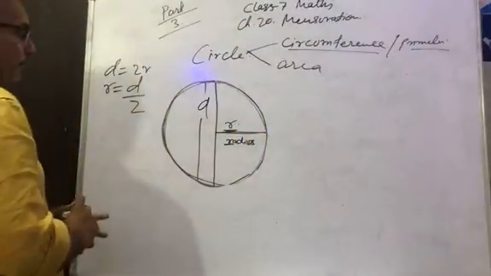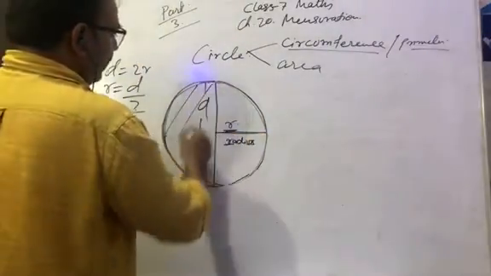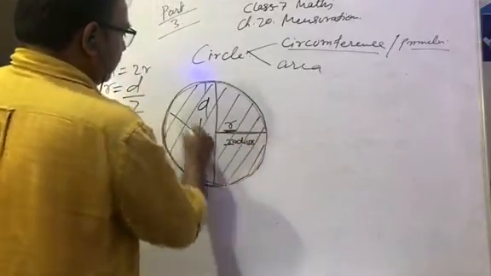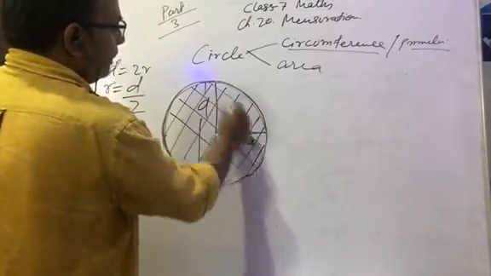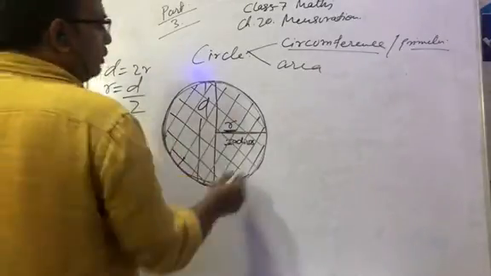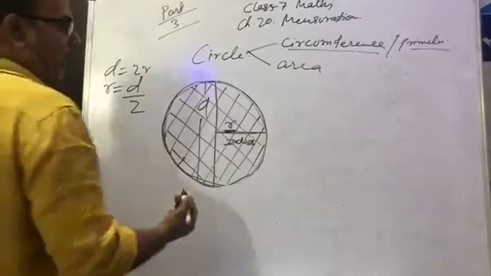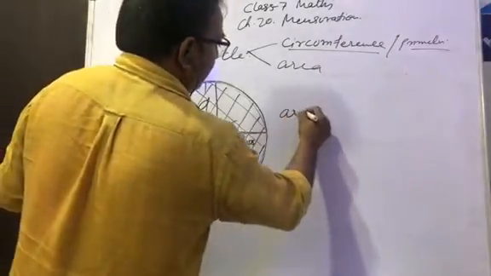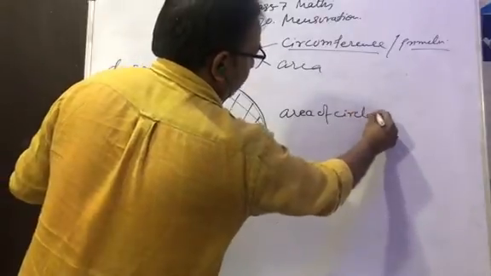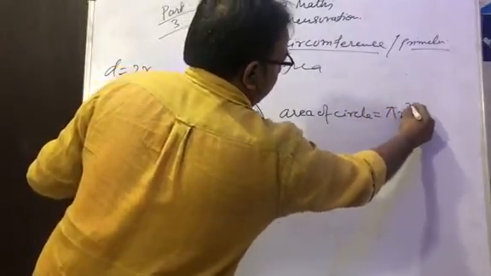Now, you know that the space enclosed by the circle is called area. So the formula for area of a circle is pi r square.